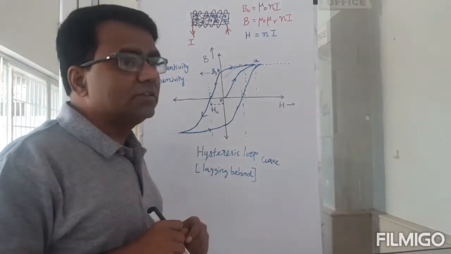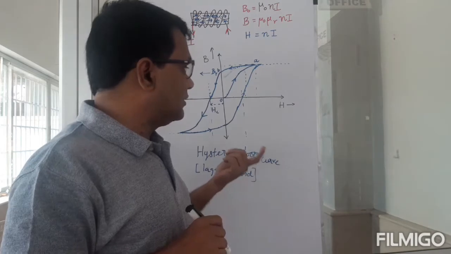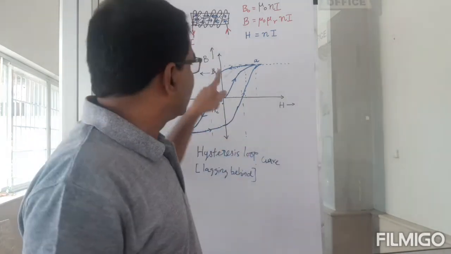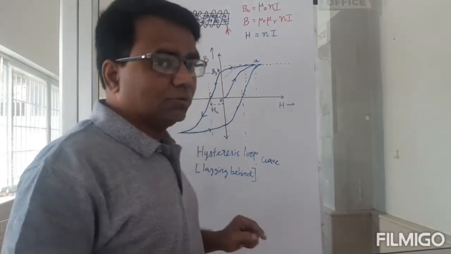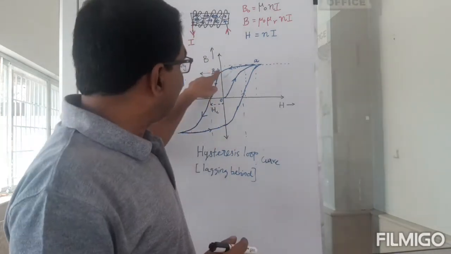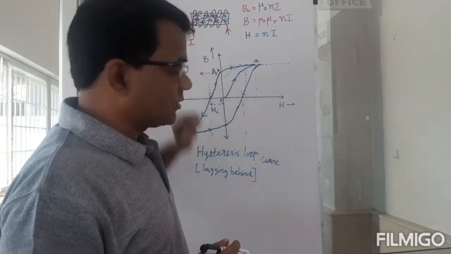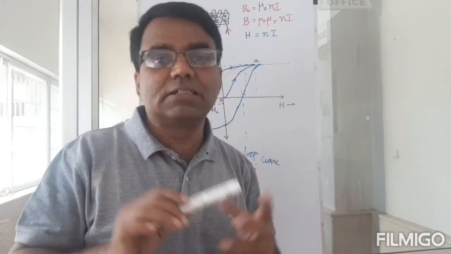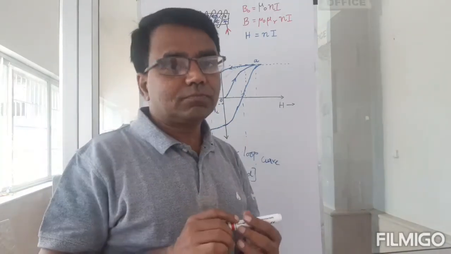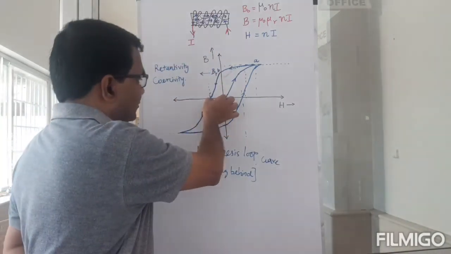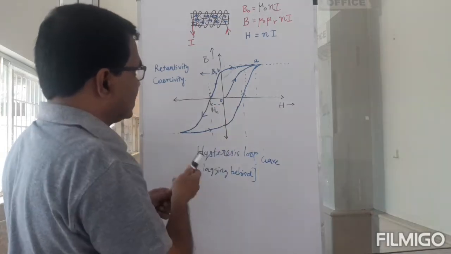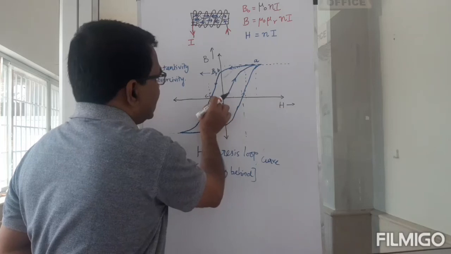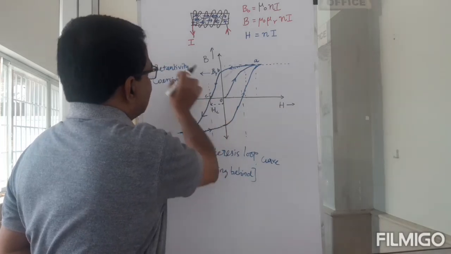And what is coercivity? Coercivity is the amount of H you need to bring the magnetic field strength back to zero. You need to coerce that piece to become a non-magnet again. If this is A, B, and I'll call this C, the value of H at C is coercivity.